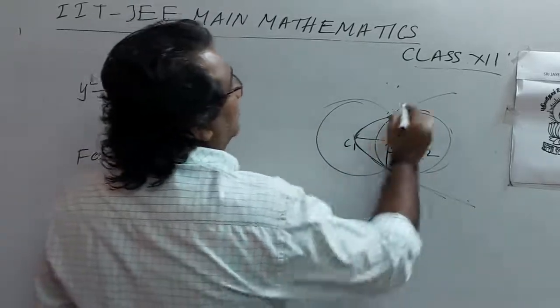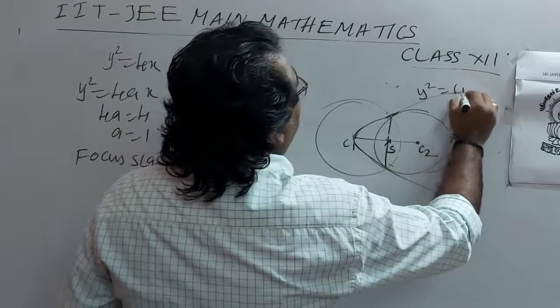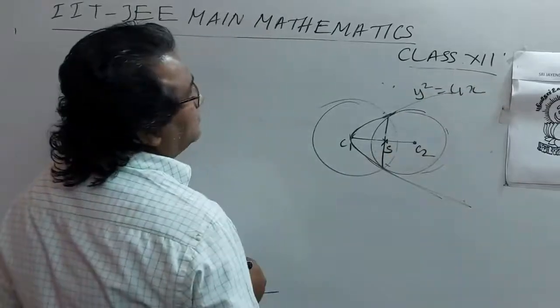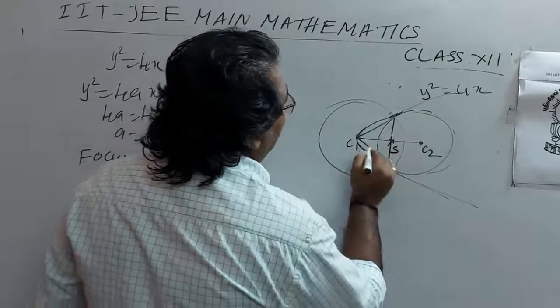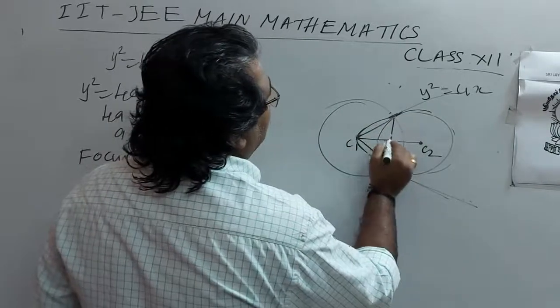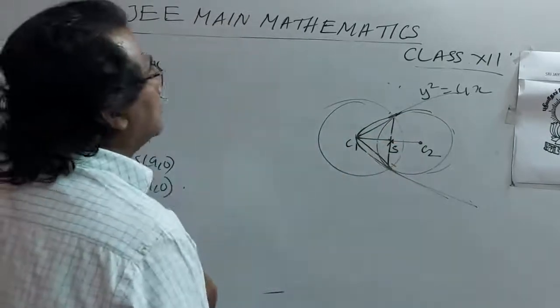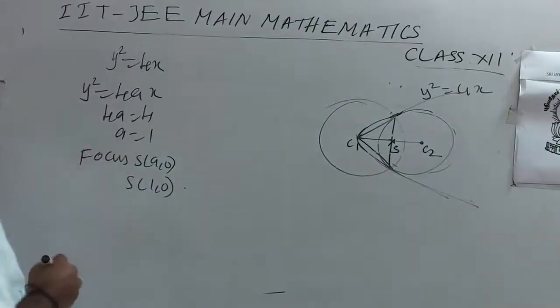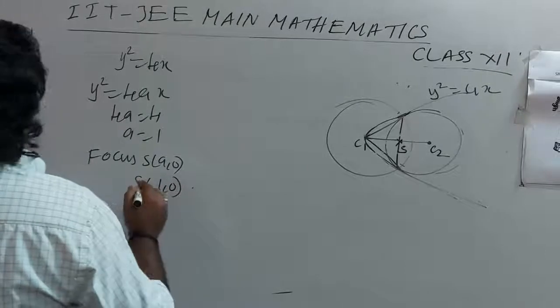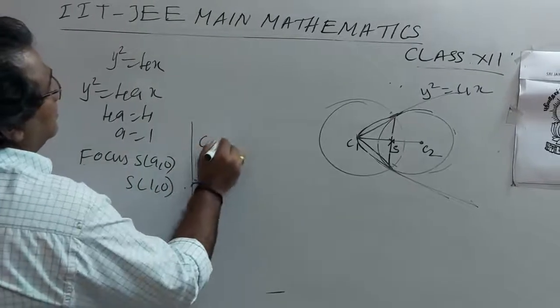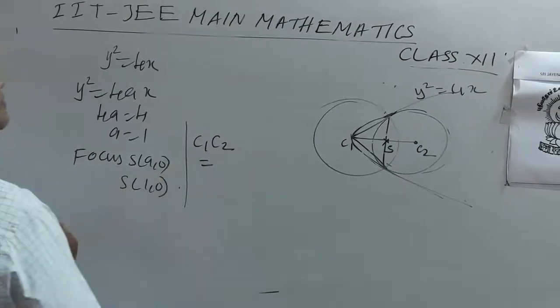It's the parabola y squared equal to 4x. So we need C1, C2.